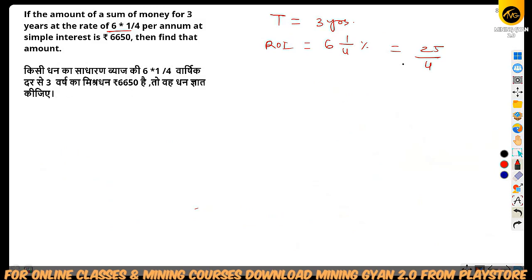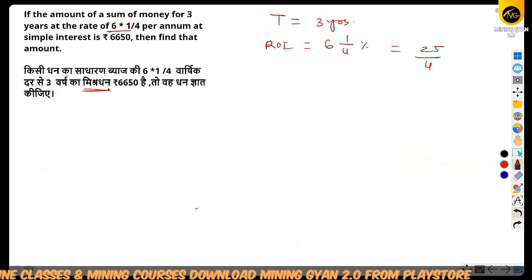Now per annum at simple interest is 665 rupees. So here you can see that the total amount, sum of money, that means the total money or total amount, that will be compound amount. In Hindi translation you can see the mishra dhan, that is the compound amount.